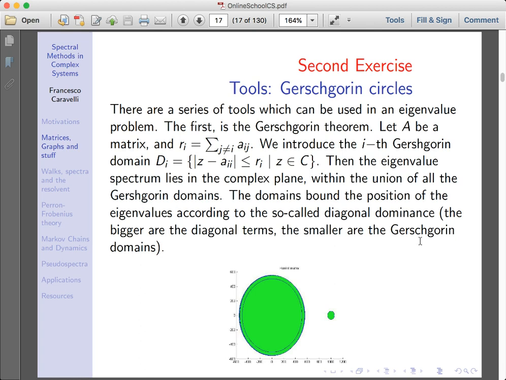One way to check this is via the Gershgorin theorem, which is one way of bounding the position of the eigenvalues in the complex plane, and it works as follows. Define Ri as the sum over the rows of A without the diagonal element.